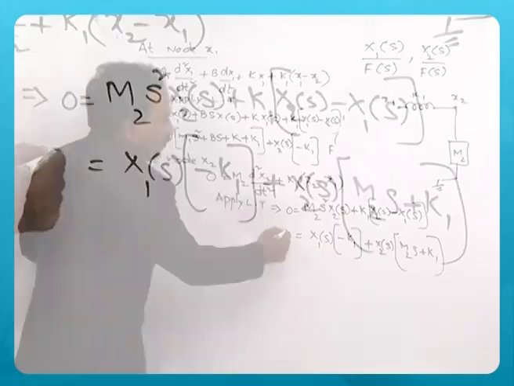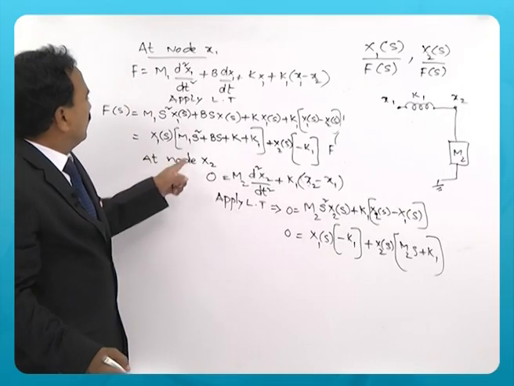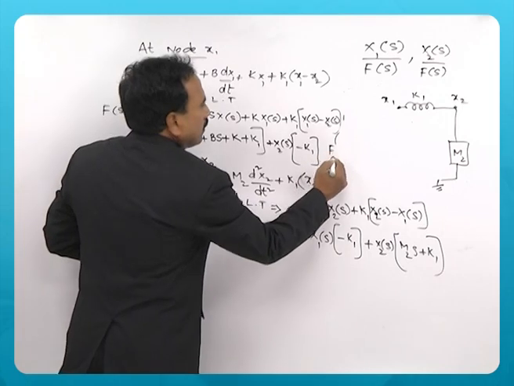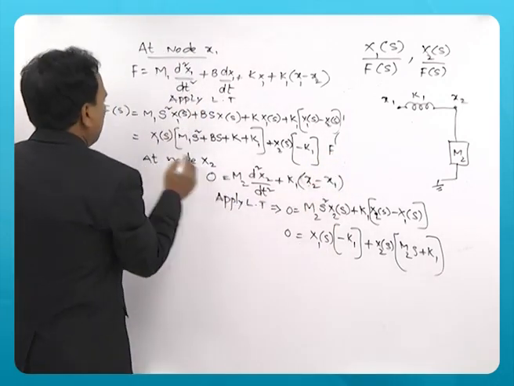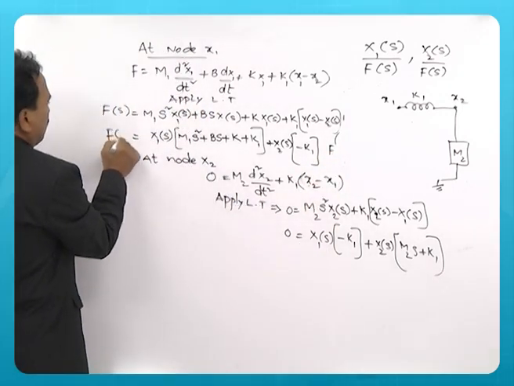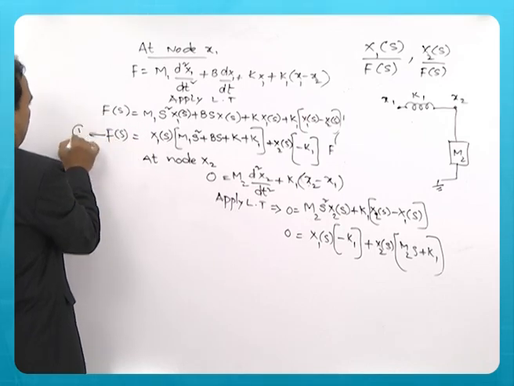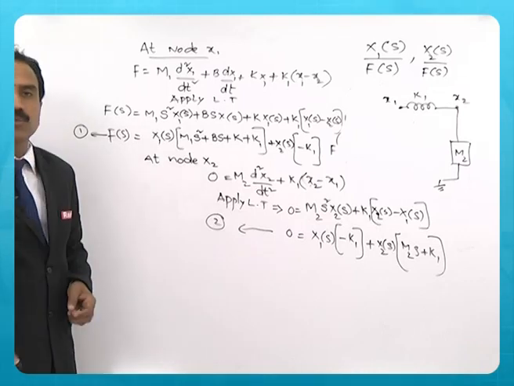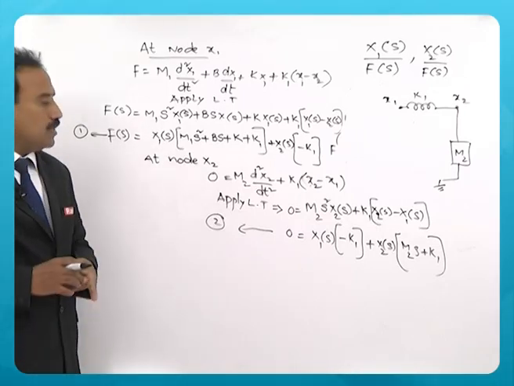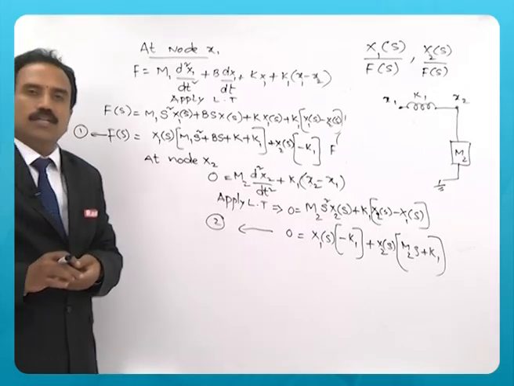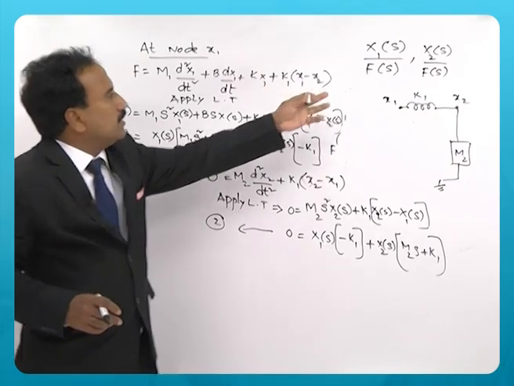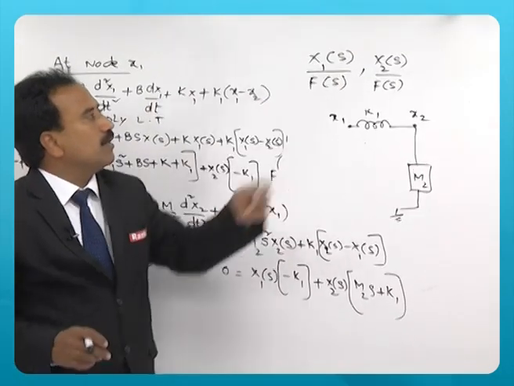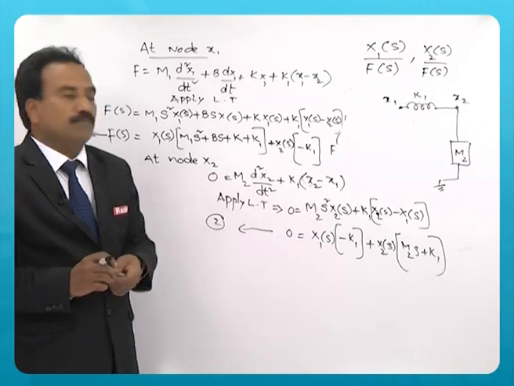So you have got this, which you can call equation 1, and this you can call equation 2, and using these two equations you can actually get either X1(s) by F(s) or X2(s) by F(s).